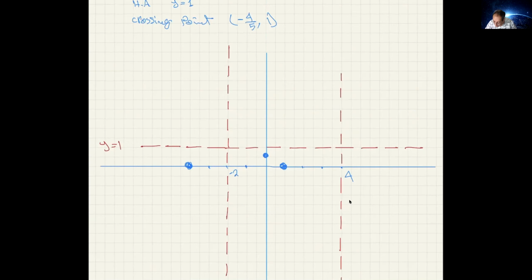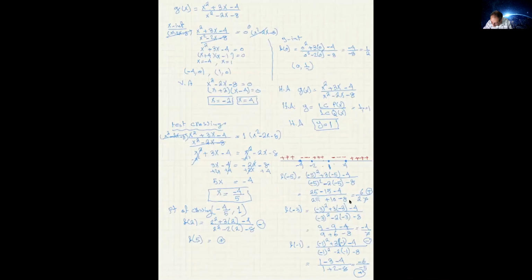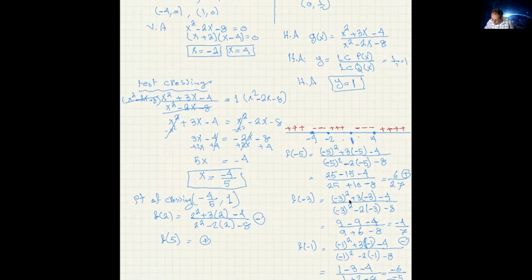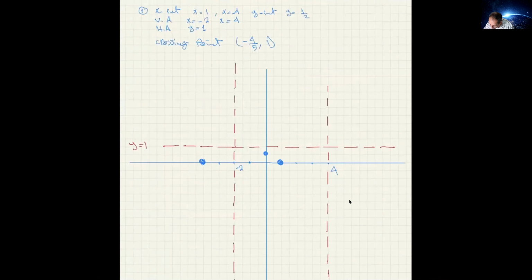And one last point is to see at what point the function crosses the horizontal asymptote. We got this point: X equals -4/5 and Y is 1.